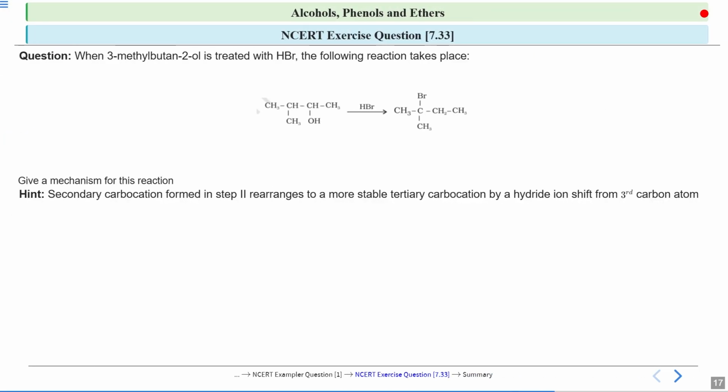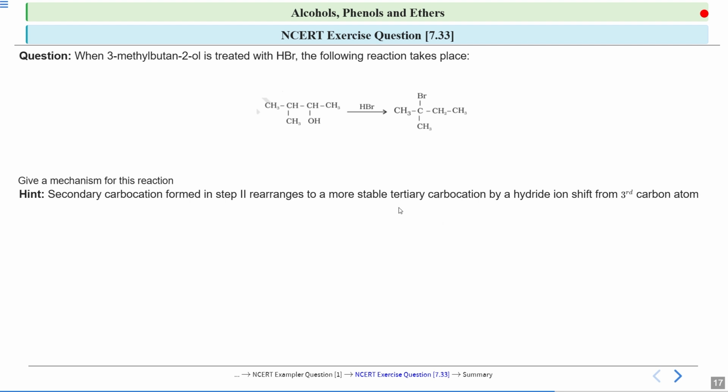Now let us move to the next question. In the next question, it is an NCERT exercise question 7.33. Now see, this question is saying when 3-methyl butane 2-ol is treated with HBr, that is hydrogen bromide, the following reaction takes place.